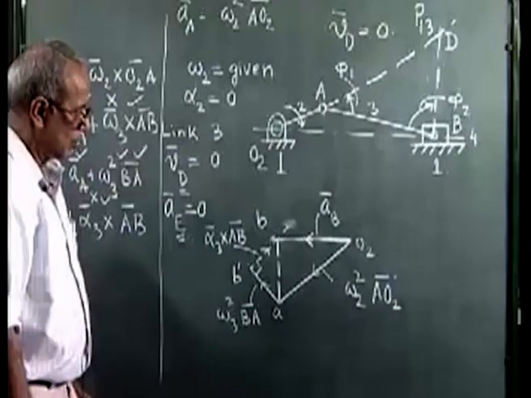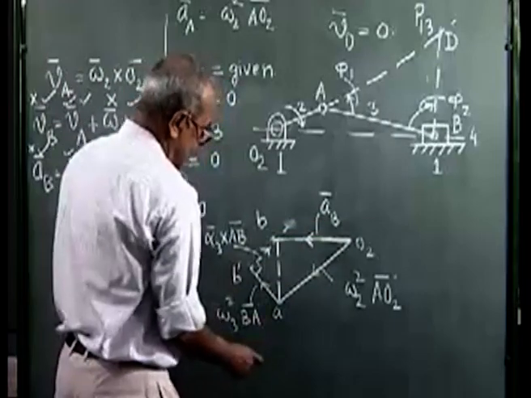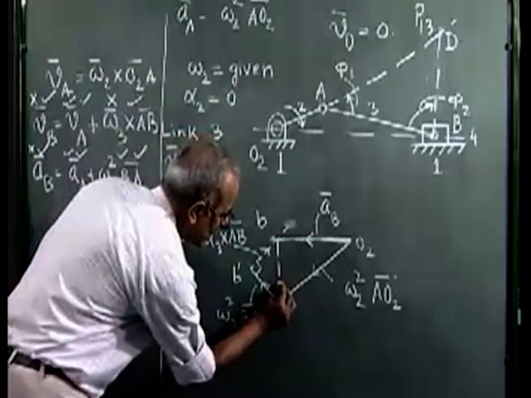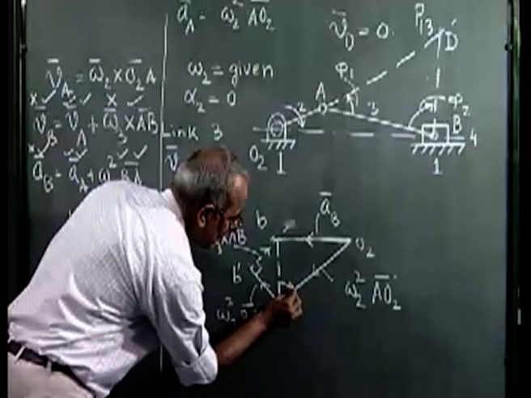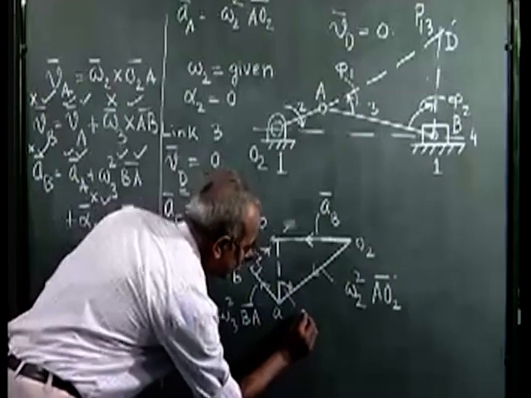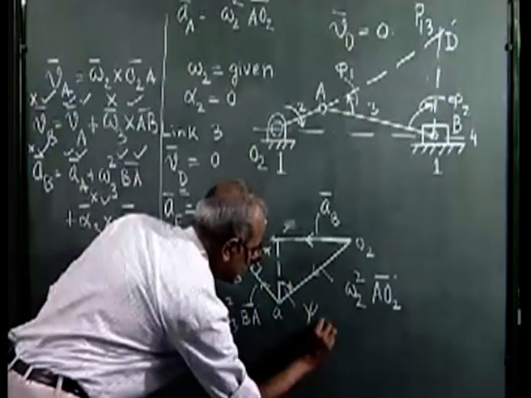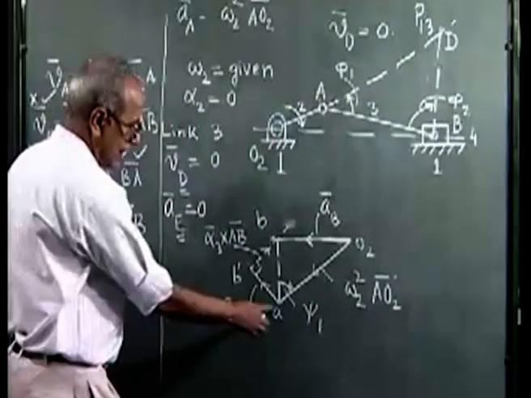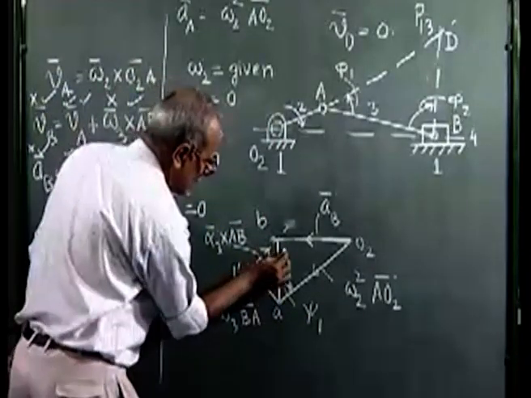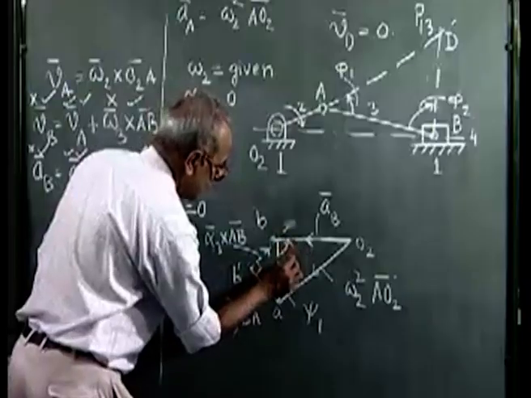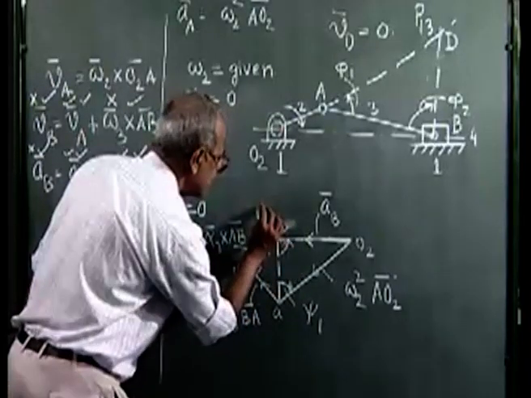To locate that point E, we note that this angle at A is say psi 1 in the clockwise direction, and this angle at B is say psi 2.